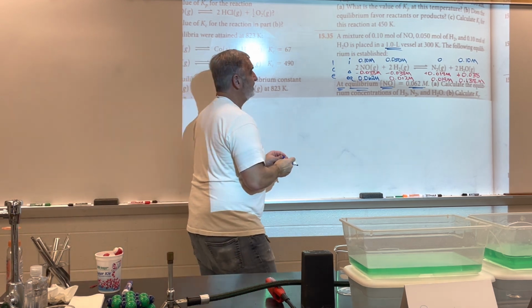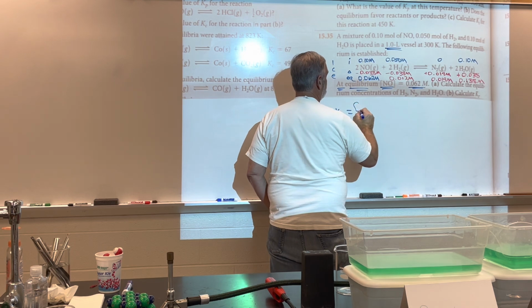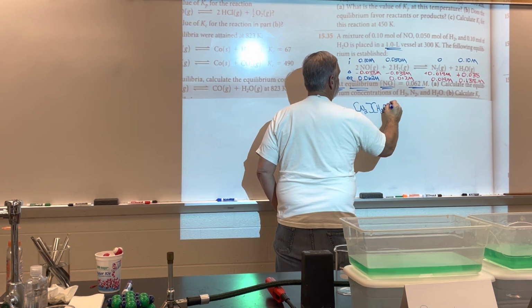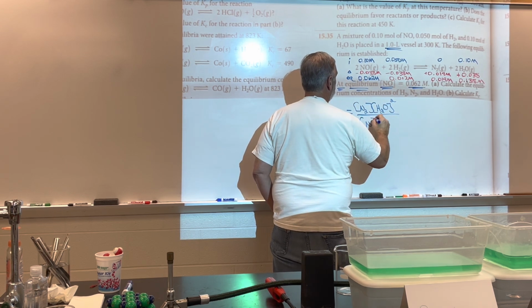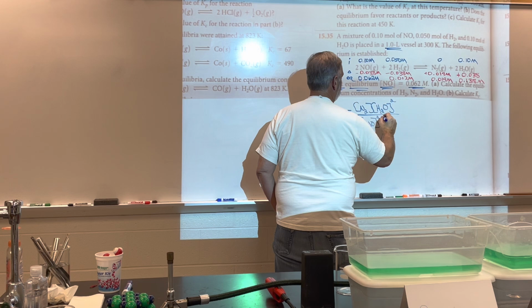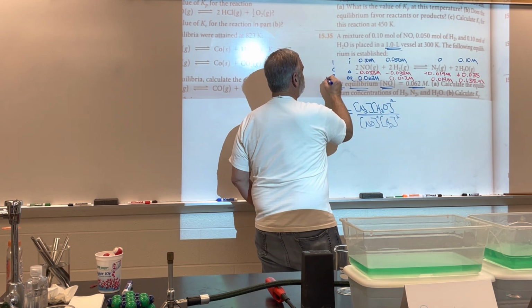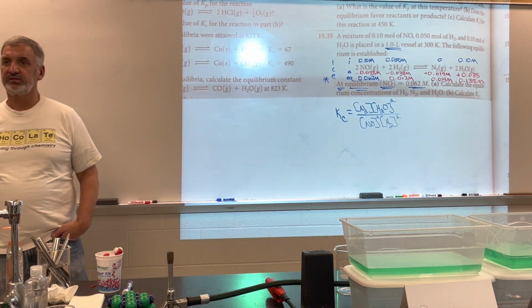So my equilibrium expression, Kc, is going to equal N2 times H2O squared over NO squared times H2 squared. Now I just plug in all of my equilibrium concentrations.